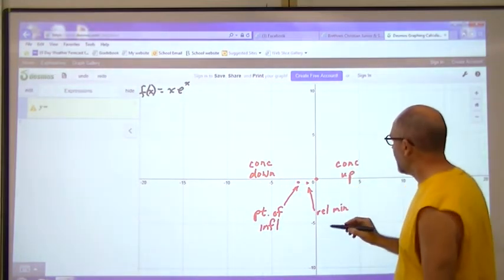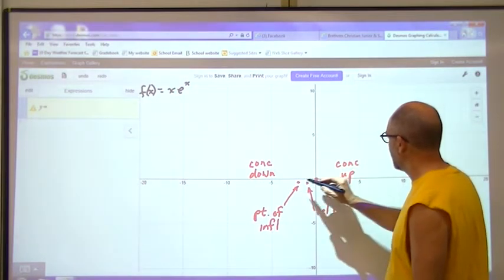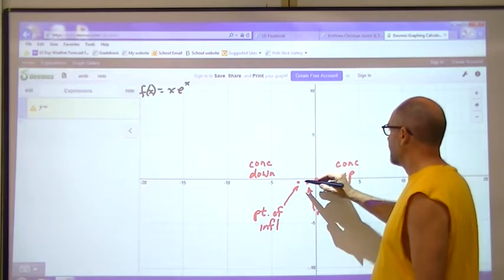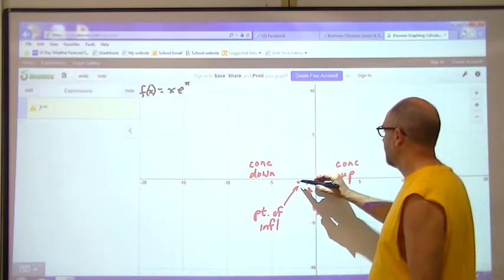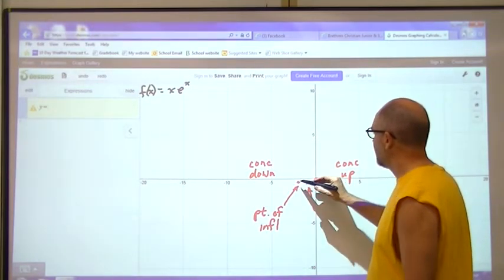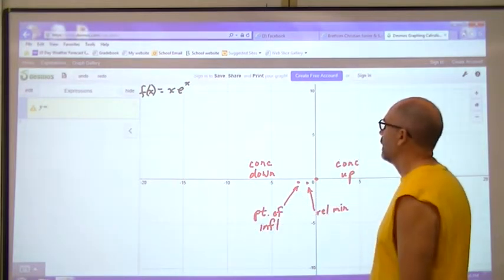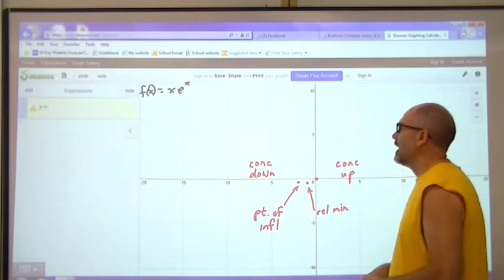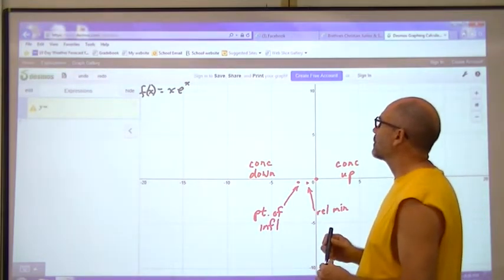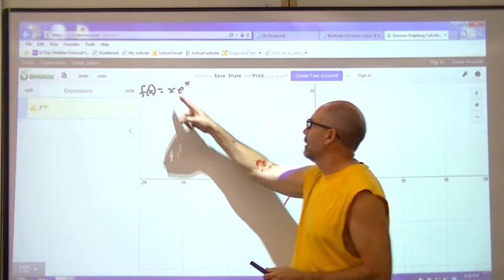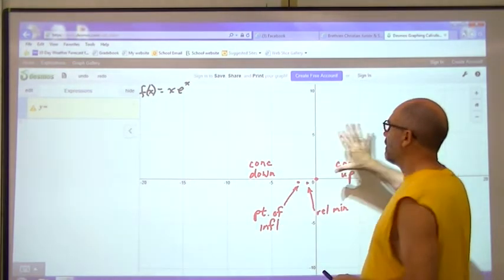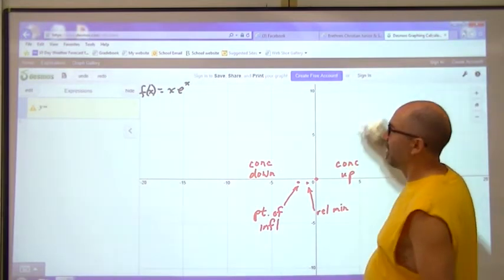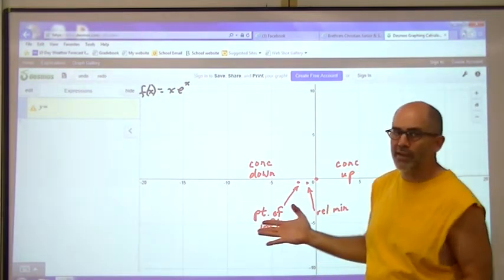And we know we've got a relative min, so we know it's going to go up like this, and then it's got to go concave down from there. Now, we didn't get horizontal asymptotes. If I let x approach infinity, then that means f of x is approaching infinity. That means concave up the whole way, it'll never approach any horizontal line.